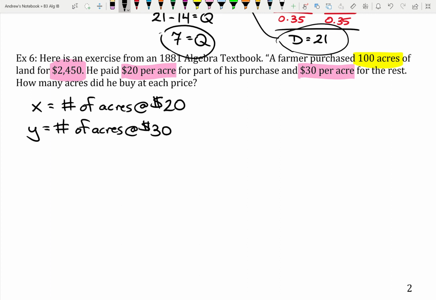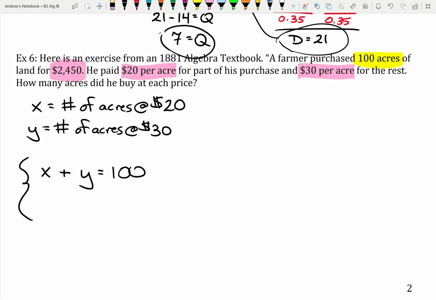So X is the number of acres at 20 bucks. The Y's were a little bit more, they were 30 bucks a piece. We still need to set up our system here. So let's start off with the 100 acres. That one's going to be pretty easy. 100 acres of land means that altogether X plus Y. If we had some number of acres at X, some number of acres for Y, altogether there were 100 acres total.